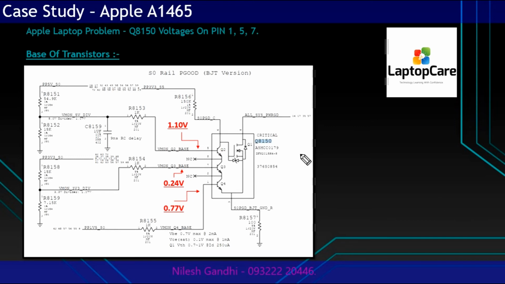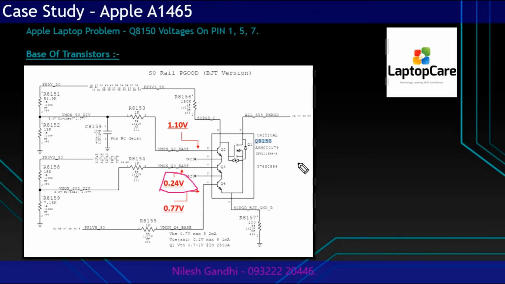As we have discussed in semiconductor theory, to turn on the transistor we need at least 0.7 volt on its base, and here the base of Q3 at pin number 7 was only 0.24 volt, which was not fulfilling the required condition for this particular internal transistor.